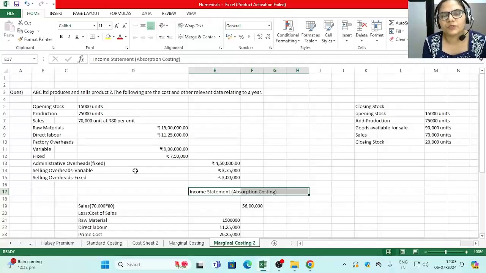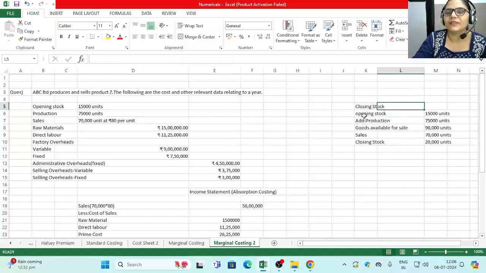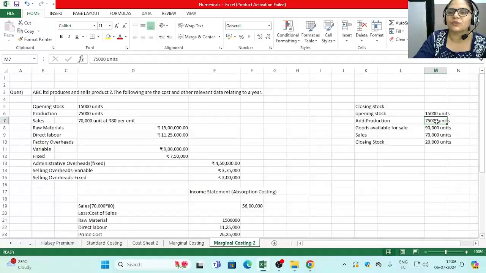Before doing any sort of calculation, first of all, do the basic calculation. We have been given opening stock 15,000 units. We will add production to get the goods available for sale. That is 15,000 plus total production done, 90,000. Now, if out of 90,000 the company has sold 70,000 units, the closing stock will be 90,000 minus 70,000, which gives you 20,000.